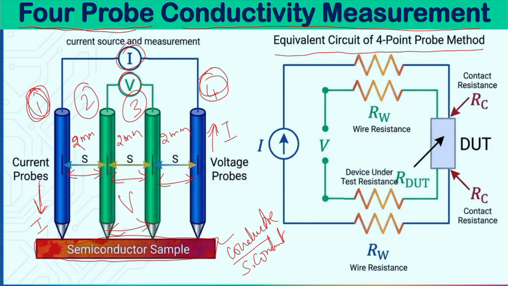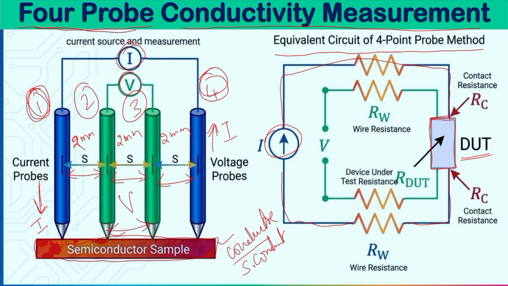Now we will discuss the equivalent circuit diagram of the four probe. Let us take our sample, the device under test. Now we will take the outer probe, which is connected to the ammeter in order to pass the current to the sample or the device.